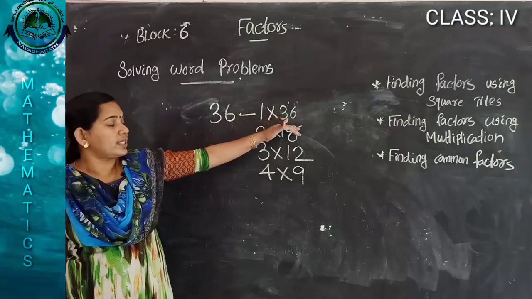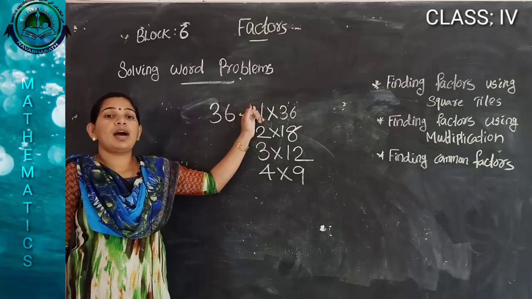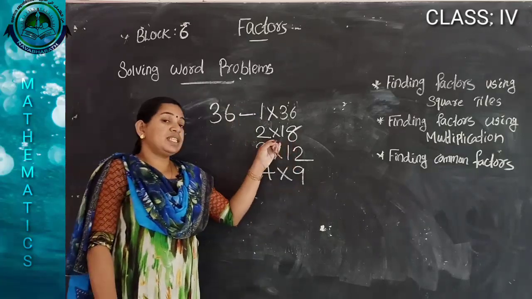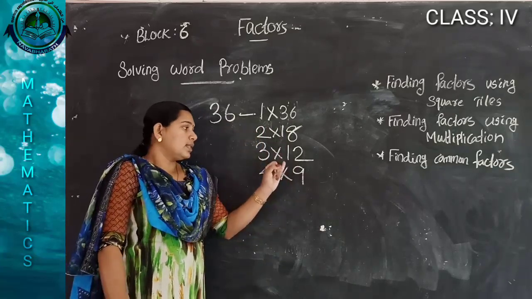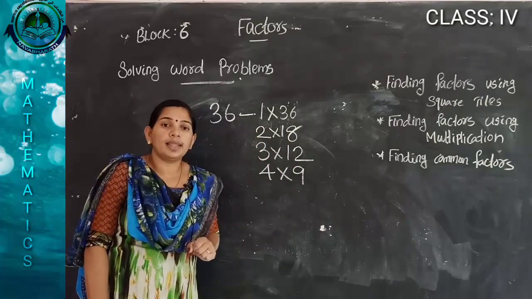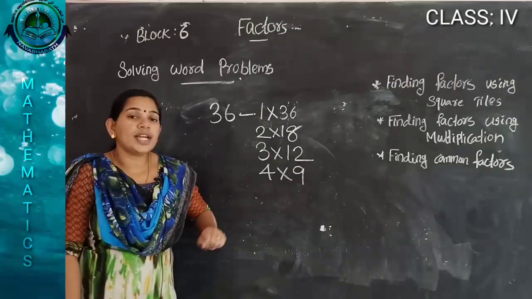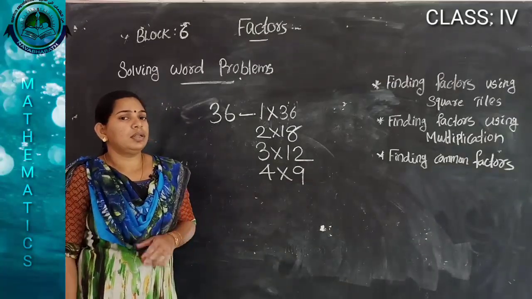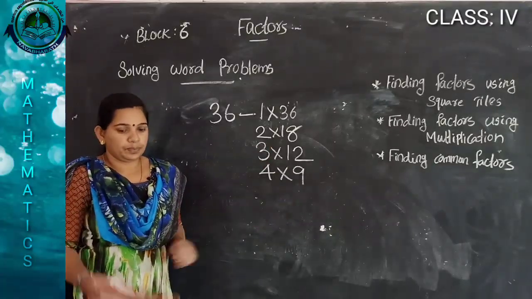Then suppose 36 students are in the class, she gave 1 stamp each. Suppose 18 students are there, she gave 2 stamps each. Suppose 12 students are there, she gave 3 stamps each. Suppose only 9 students are in the class, she gave 4 stamps each. That you write down.